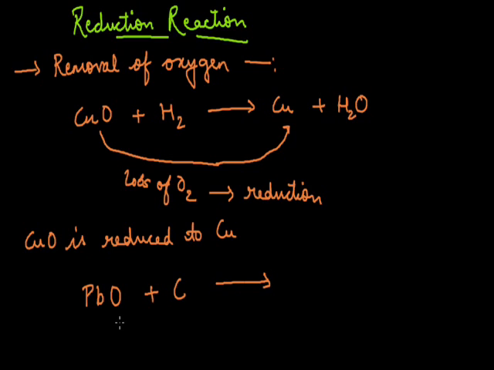Here lead oxide, when it is treated with carbon, the carbon will accept this oxygen and form carbon monoxide. So lead oxide will be reduced to lead and there will be formation of carbon monoxide. Again, this is a reduction reaction. Lead oxide is reduced to lead, so this part is said to be the reduction of lead oxide.